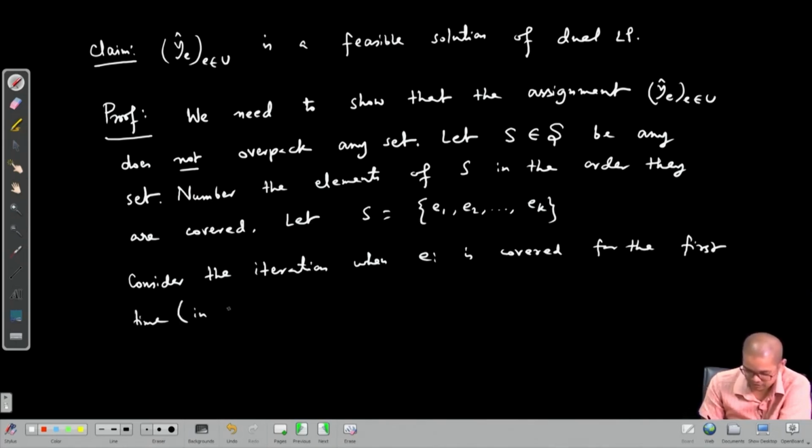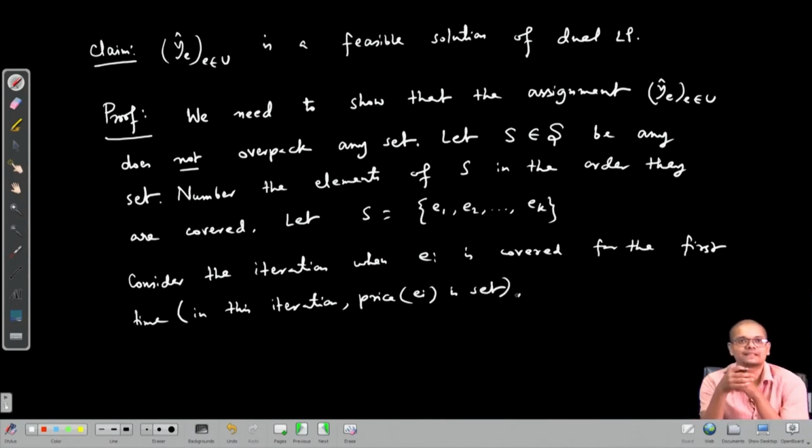In this iteration, only the price of Ei is set. Okay. So, whichever set picks it, if S is used to pick it, then still in that iteration Ei to Ek are still uncovered.